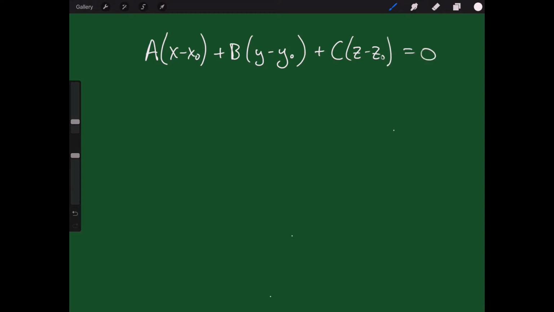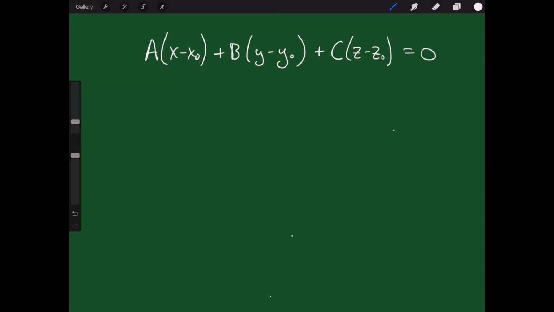So what I've got is that I get A, which is the first component of my normal vector. So it's 3. And maybe I should just write real quick, what is my standard equation again? It's A(x minus x0) plus B(y minus y0) plus C(z minus z0) is equal to 0. And I can use this to find the equation of my plane.